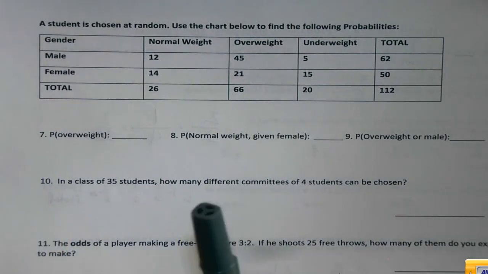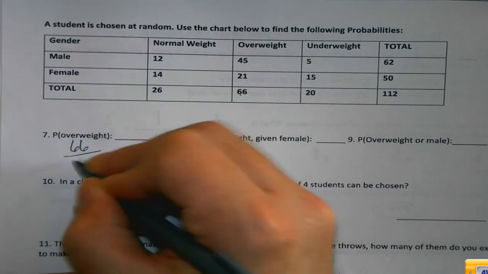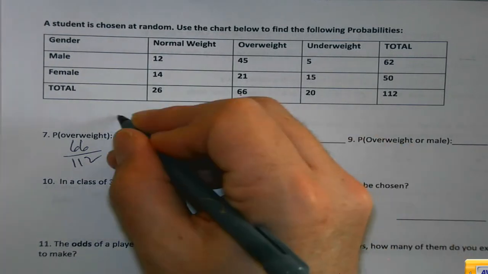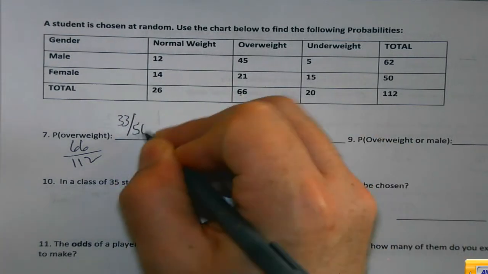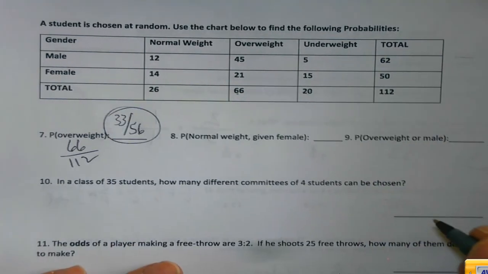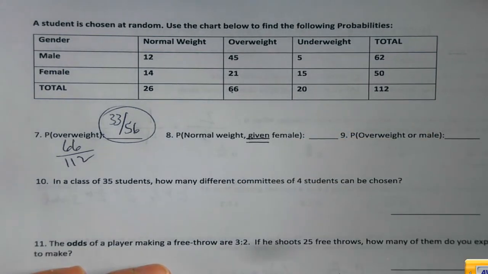Probability of being overweight. Overweight, there's 66. There's 112 total. Always want to reduce our fractions down as much as we can. Okay, so probability, not a whole lot to think about. But then be careful. Probability of normal weight given female.